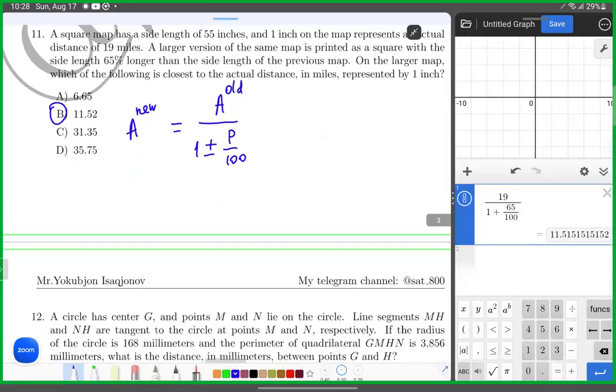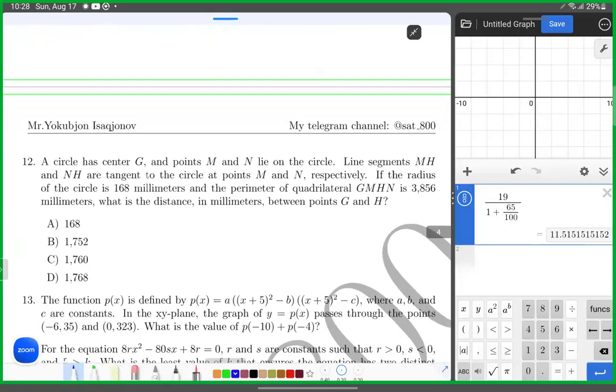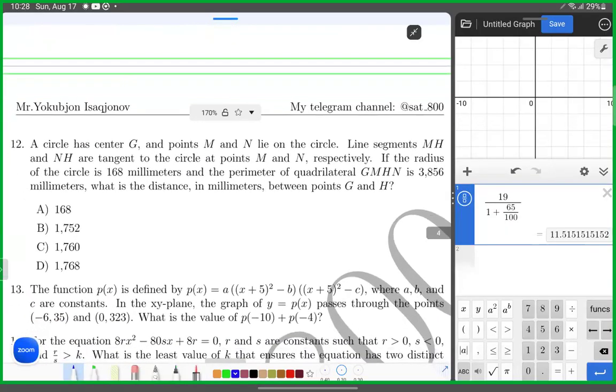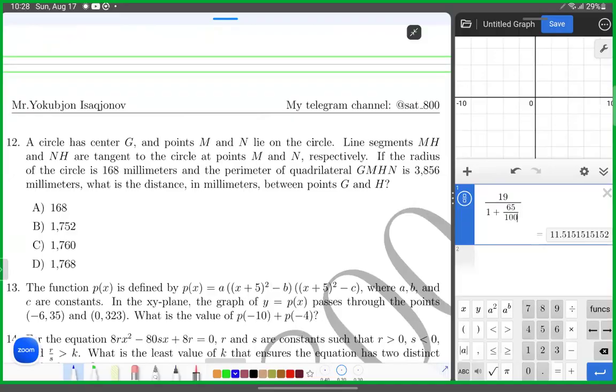Very good. Let's continue. The next question is a popular College Board question. Here you must know some geometry rules. Okay, let's provide some circle, and to this circle, from M and from N, MH and NH are tangents.